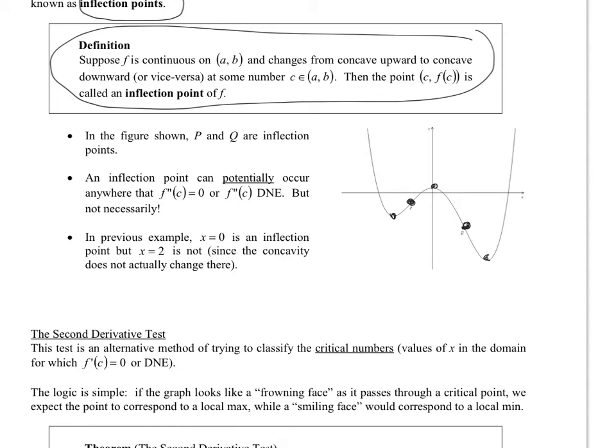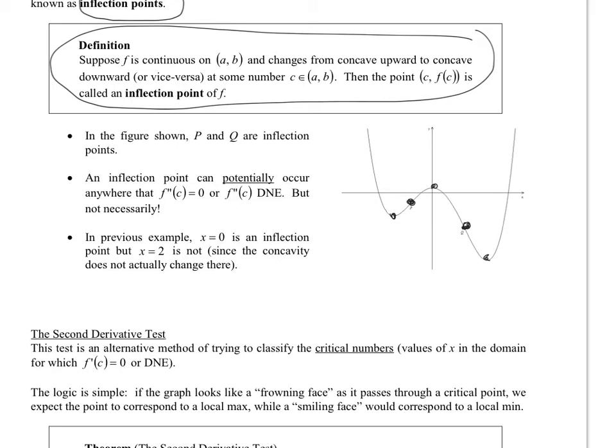It might be kind of helpful to remind yourself of an alternative way of thinking about concave up and concave down. Wherever a curve is concave up, the tangent line rotates counterclockwise as you move from left to right along the graph. And wherever the graph is concave down, the tangent line rotates clockwise as you move left to right along the graph.